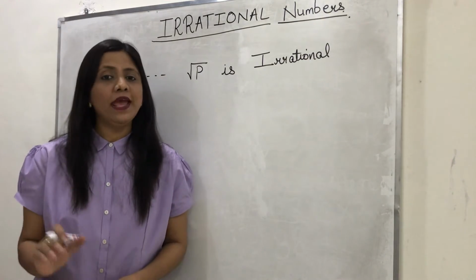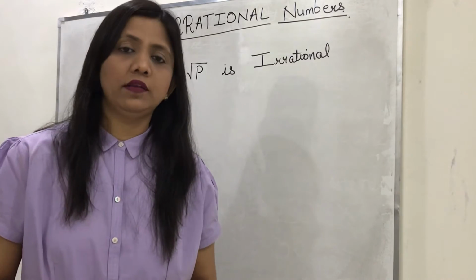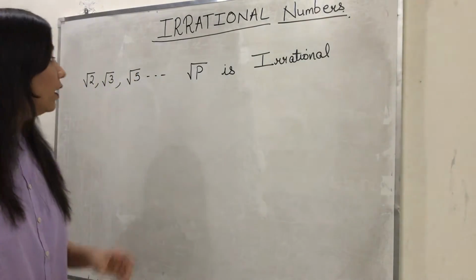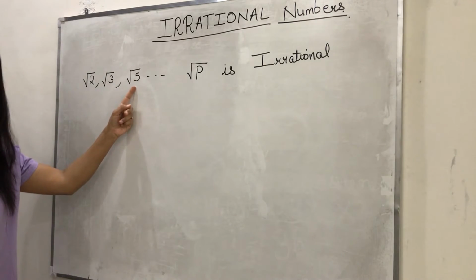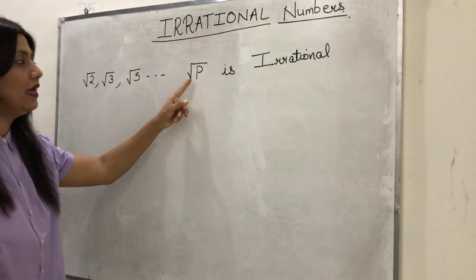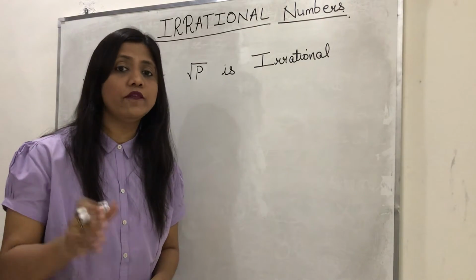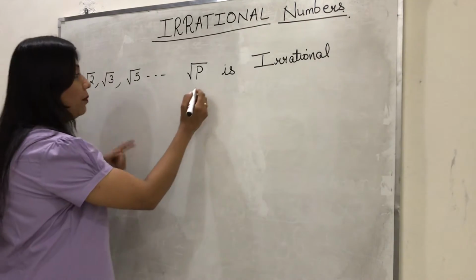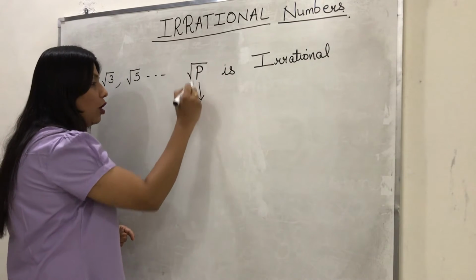Students, in today's class we will study about irrational numbers. We will try to prove that root 2, root 3, root 5 or in general root p is an irrational number. In this exercise we will prove that these numbers are irrational and here this p is your prime number.